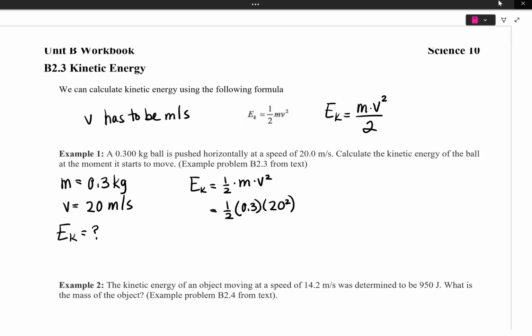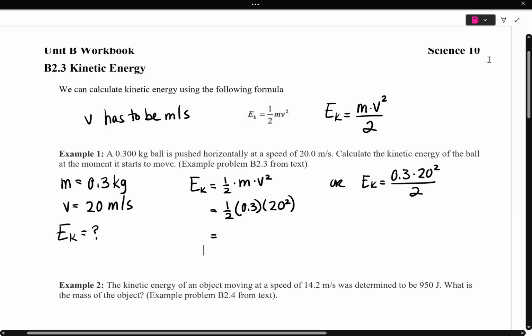If you do want to use your calculator function with the fraction, you could write it in as EK equals 0.3 times 20 squared all over 2. And when you plug that into your calculator, you should get 60.0 joules.